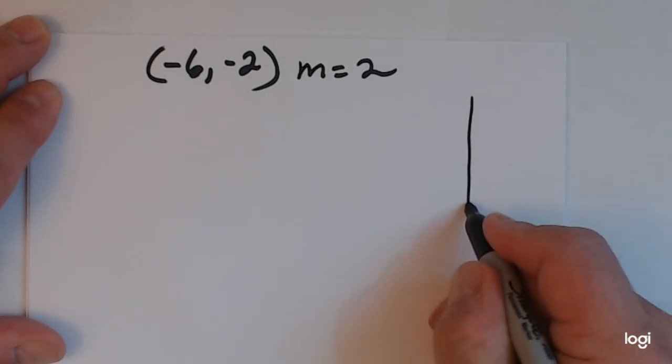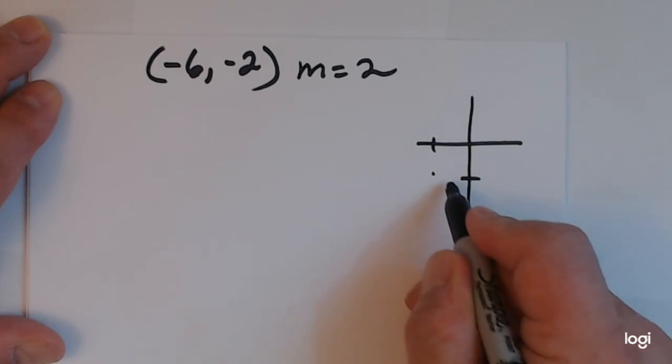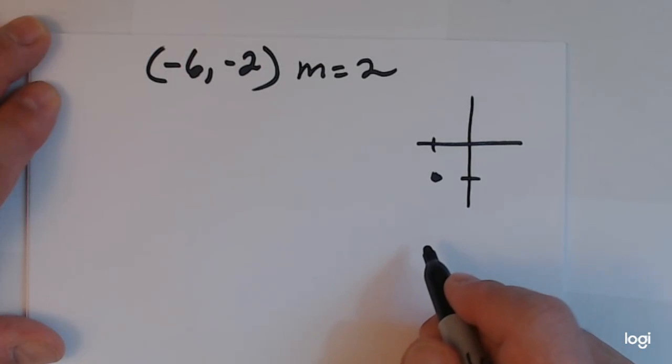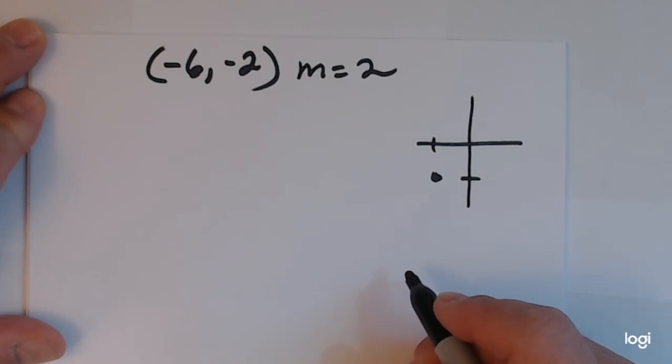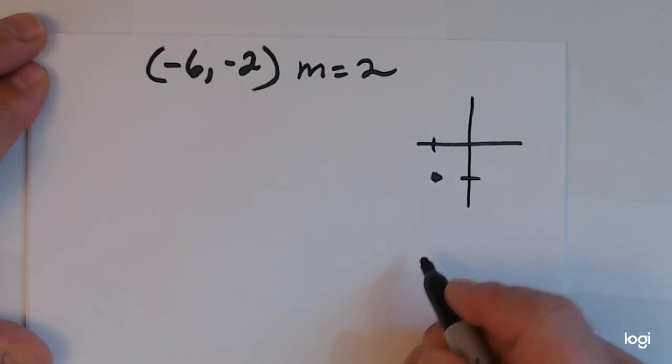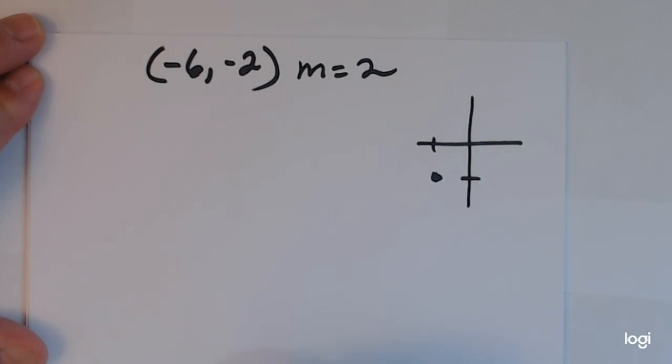So we've got, let's see, (-6, -2), a point here, with the slope equal to 2, so it's going to be a positive slope. So this line is going to go up to the right. So let's see what we have.